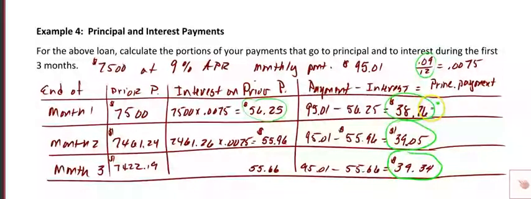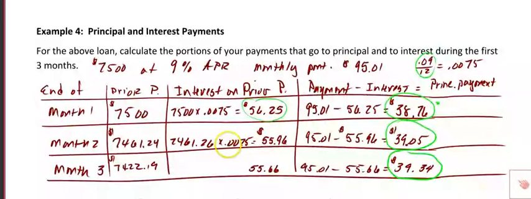So that means my principal is no longer $7,500, but $7,500 minus this $38.76. For month 2, my principal has been knocked down to $7,461.24. That's the new principal I'm working off of.